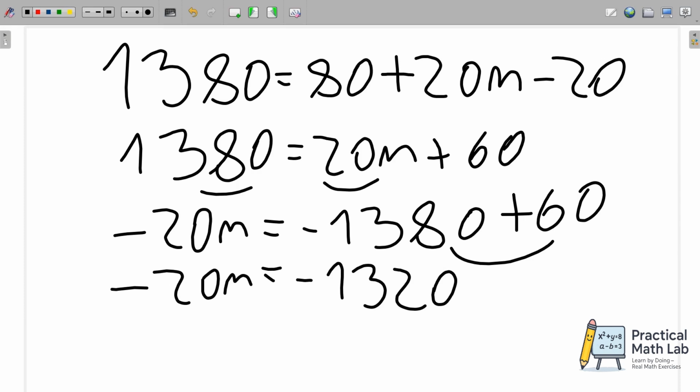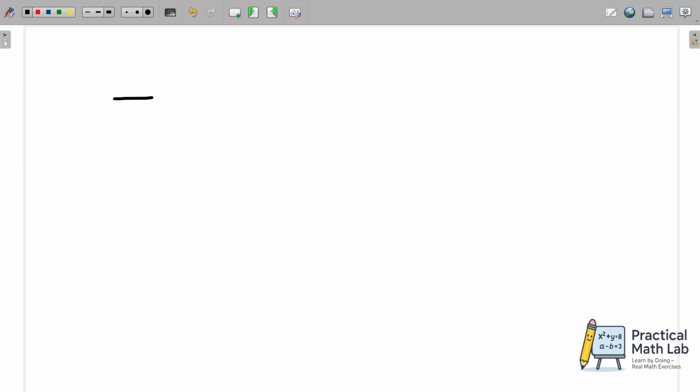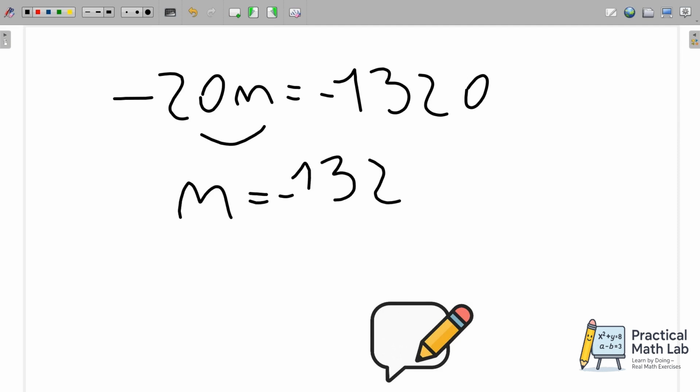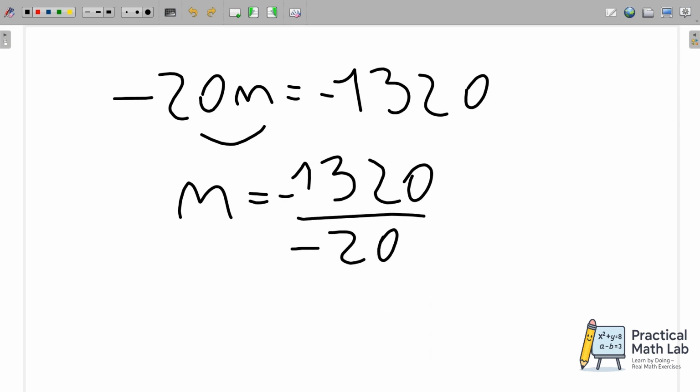So we have minus 20n equals minus 1,320. Here we have a multiplication, so when we move it to the other side it becomes a division. So n equals minus 1,320 divided by minus 20. We can cancel the zeros at the end, so it becomes minus 132 over minus 2.